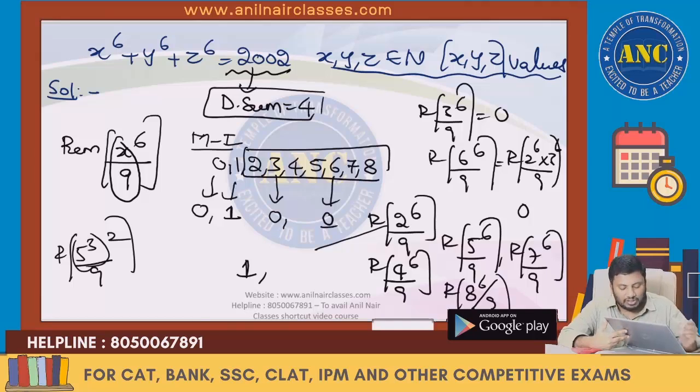Minus 1, square is 1. Here I will get 1. Here I will get 1. Here 4 power 6 I will get 1. Are you all with me? Here also I will get 1. Here also I will get 1.